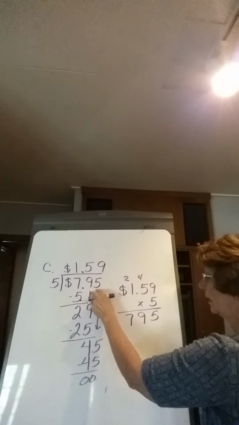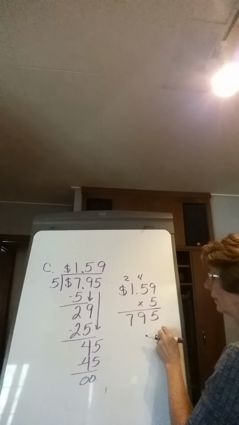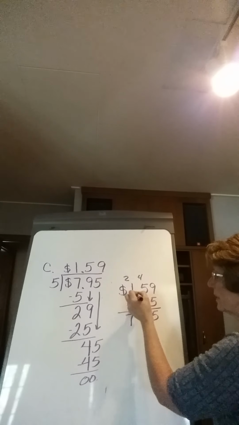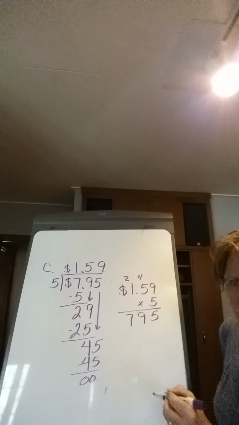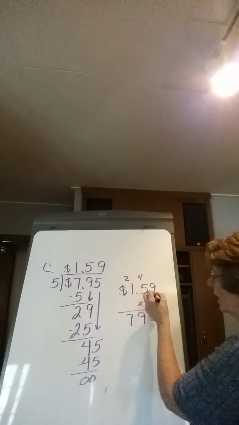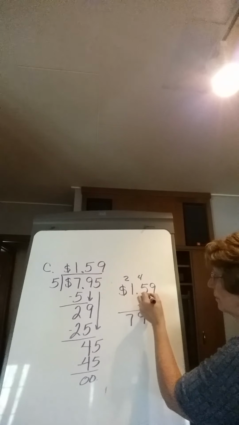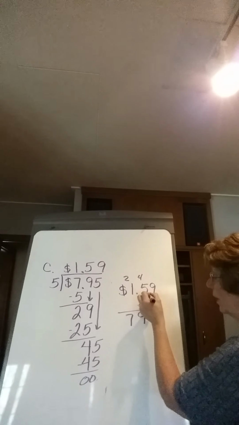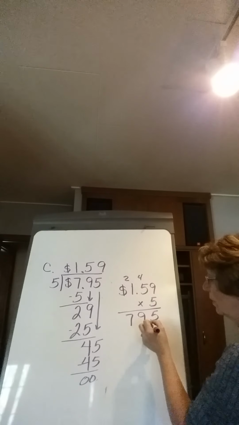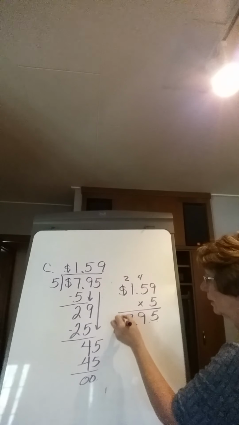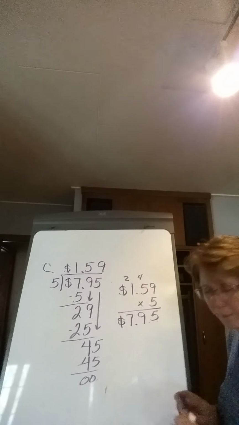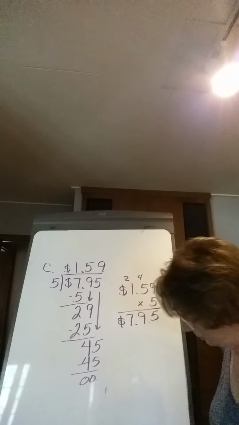So you've got 795, 795. Instead of bringing it directly down like adding, we actually count the numbers behind the decimal place. 1, 2. 1, 2. And yes, you are correct. That's something you're going to learn a little bit later.